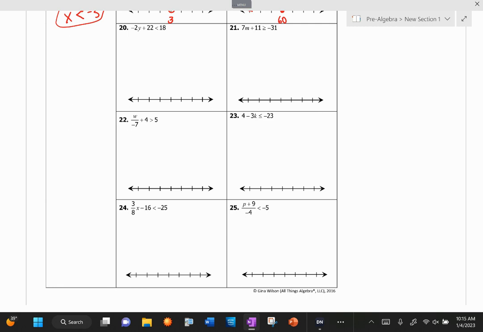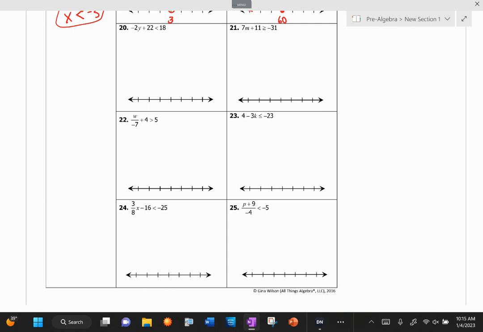I'm still on the 18 by 22. And then divide, right?